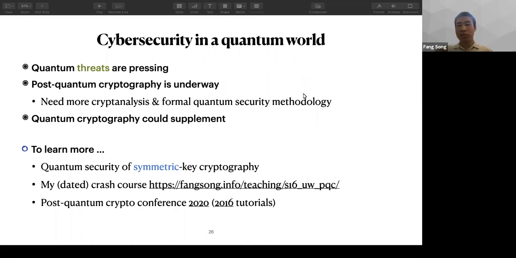So if we draw this Venn diagram, think about the circle containing NP problems and the circle containing problems that can be solved efficiently by a quantum computer. They're mostly intersecting, but there's no strict containment in either way.